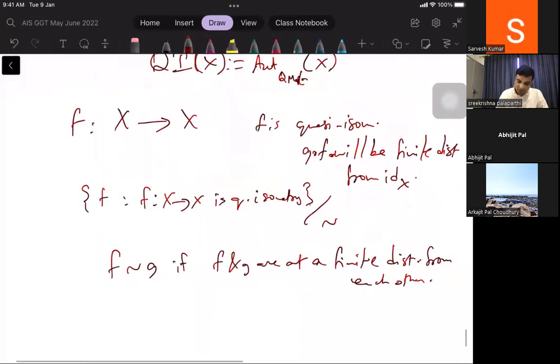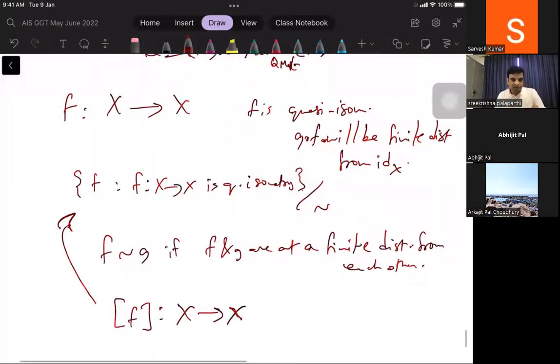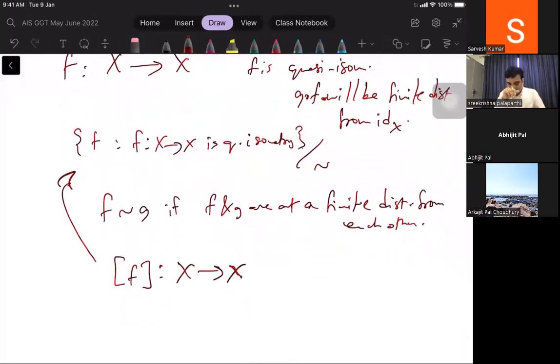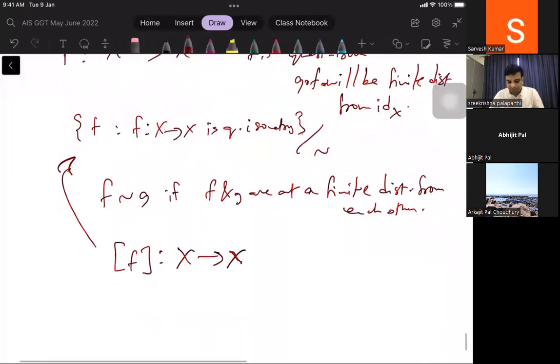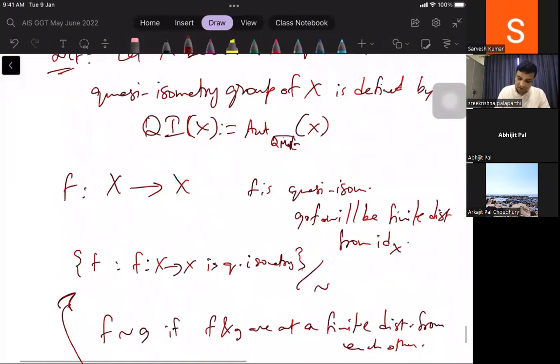And so the equivalence class of F in this thing still maps X to X in a meaningful way, right? Up to finite distance, they map X to X, and so that is your automorphism in the category of metric spaces.